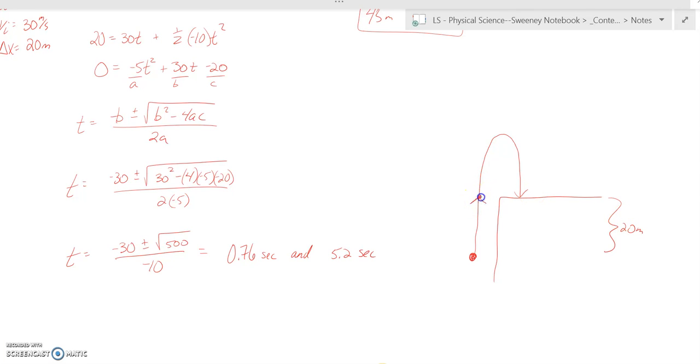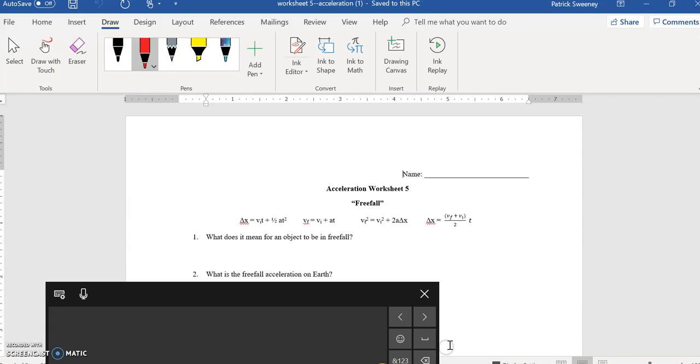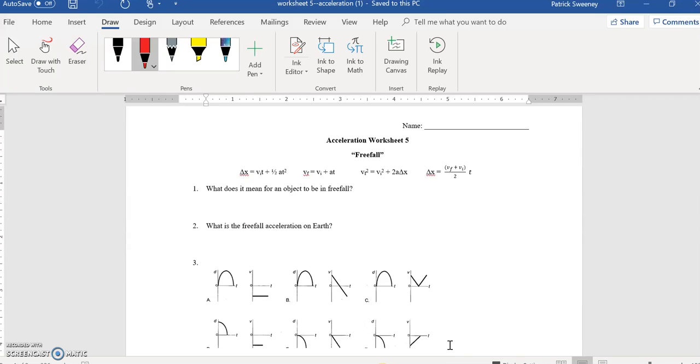Once on the way up, and once on the way down. So that's why we have two positive times. Our on the way up time is here. And when it lands, it's here. So to answer our question for part B, when does this ball land? After 5.2 seconds.